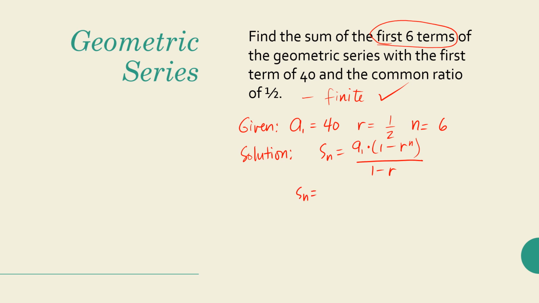So S sub n is equal to a sub 1, which is 40, times 1 minus 1/2 raised to 6 over 1 minus 1/2. 1/2 raised to 6 is, if you calculate this, 1 over 64. So 1 minus 1 over 64, over 1 minus 1/2.